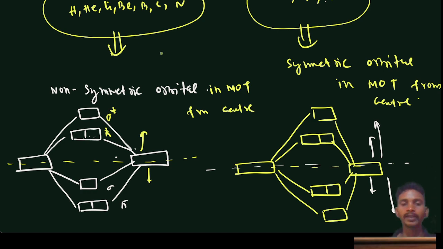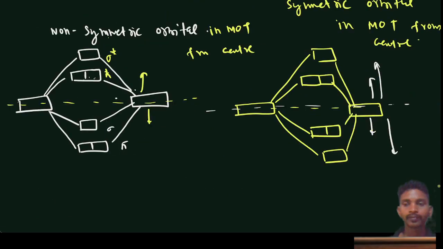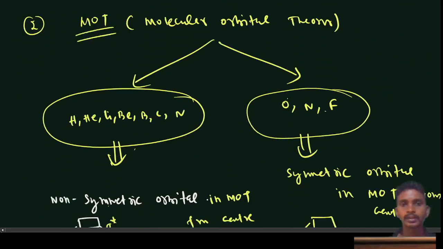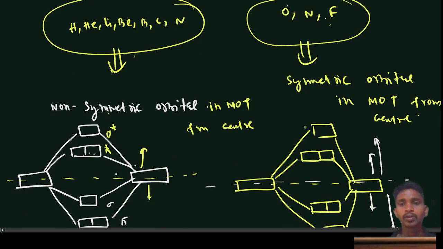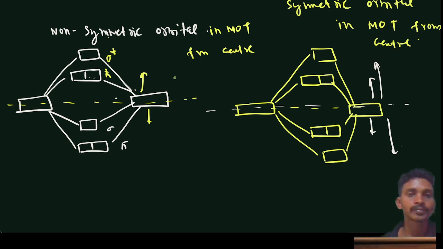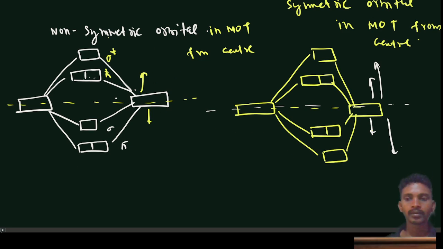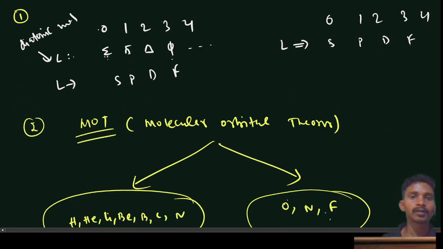For oxygen, nitrogen, and fluorine we will draw this type of orbital diagram. These things we have to remember. This will be very helpful, and it will always come.